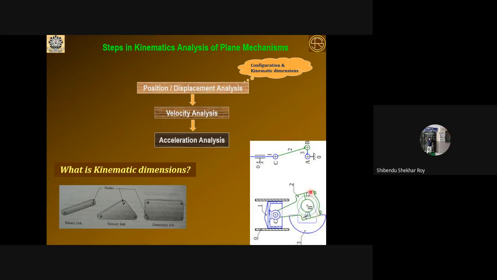This is the big end, and this side is the smaller end, and it is connected with the piston by a rotary joint. There is a pin, and the piston will move inside the cylinder. So this is an approximate shape of the slider crank mechanism.